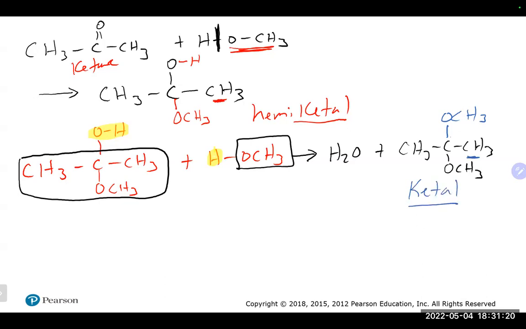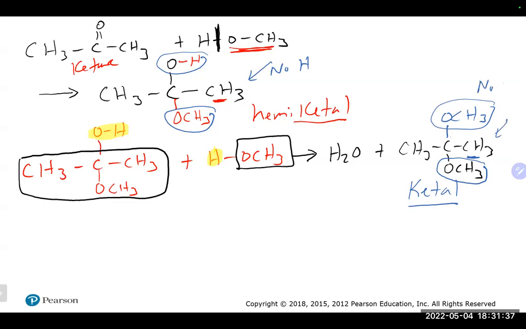The main parts of a ketal are two oxygen-carbon groups and no hydrogen. A hemiketal has an OH group, an oxygen-carbon group, and again, no hydrogen. That is the difference between this and what you get when you have an aldehyde. With the aldehyde, that hydrogen remains through this reaction. If you start with a ketone, you will not see that hydrogen.